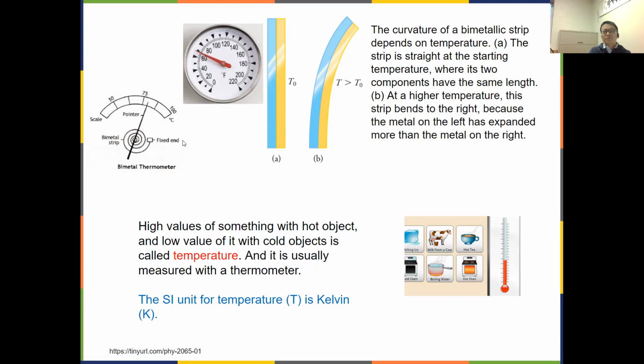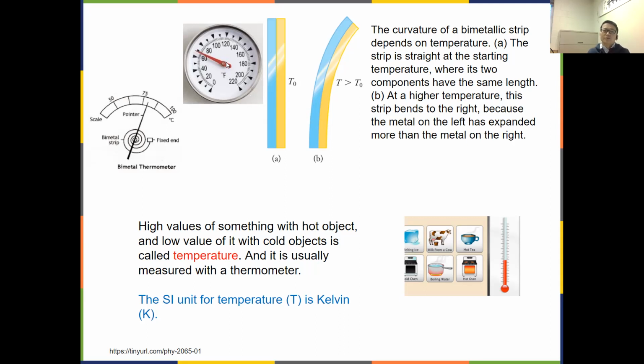This strip is made of two pieces of different metals. As temperature increases or decreases, the metals expand differently in length. So for the one that is expanding less than the other one, you will then pull the whole strip to that side in this case. So that's how this thermometer works.